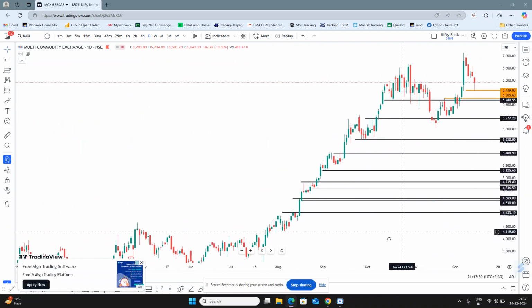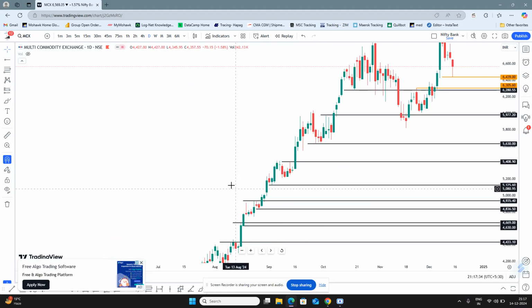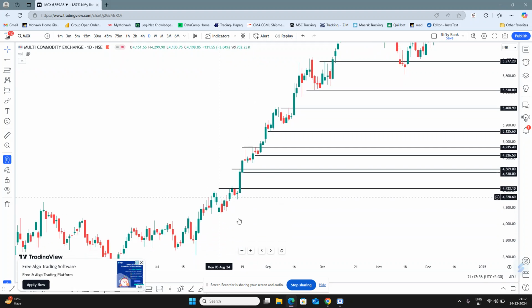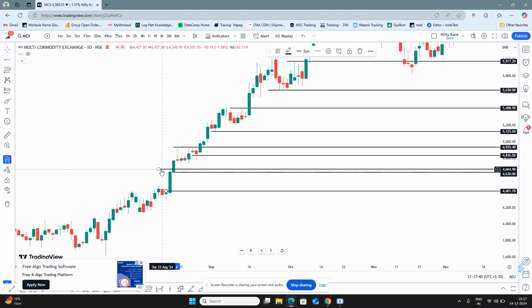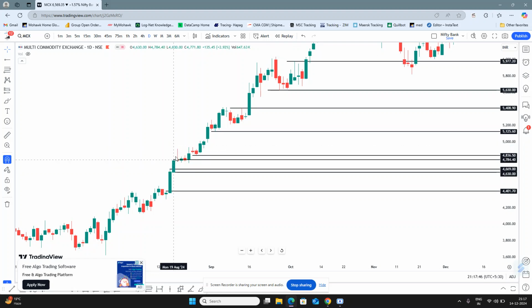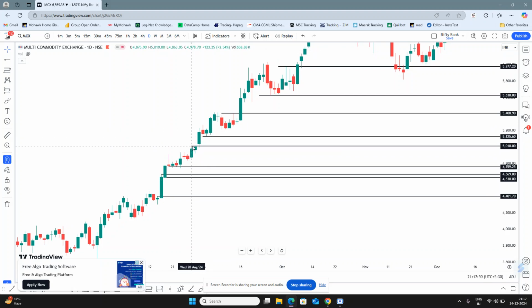So there are too many lines. We will not look for every chance here. Definitely, if huge selling comes, the market will buy all these gaps. Let's remove. So this would be the next point. This is how you can improve your line.